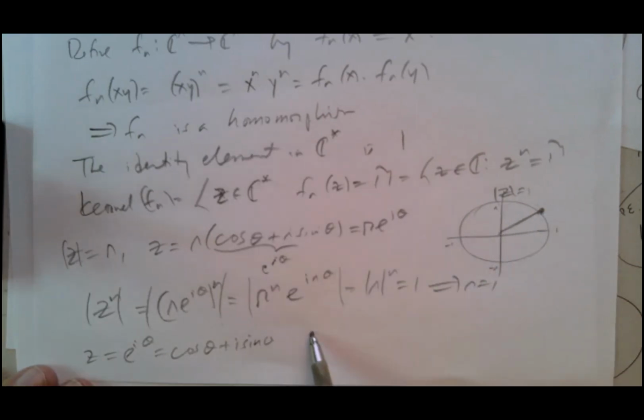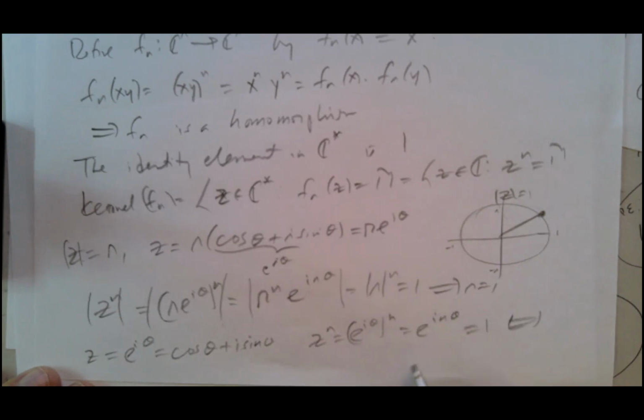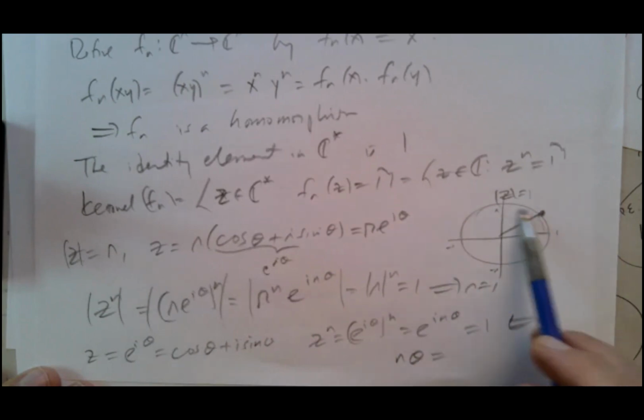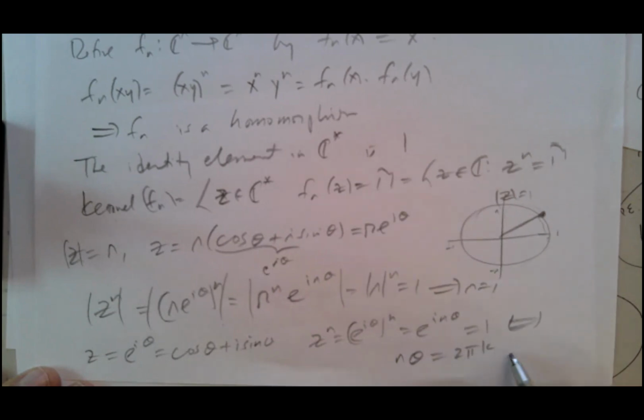So z to the n, that's (e to the i theta) to the n. This is e to the i n theta. And that's equal to 1 if and only if n theta is a multiple of 2 pi. Right? You go around 2 pi, you get to 1. 2 pi k. So theta is 2 pi k over n.